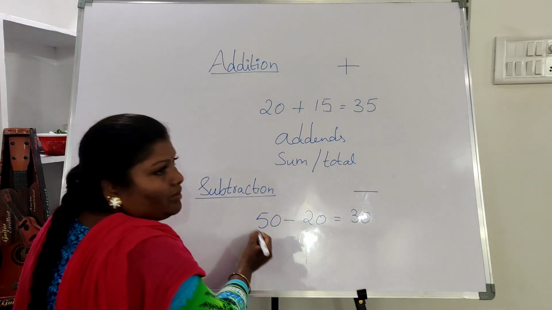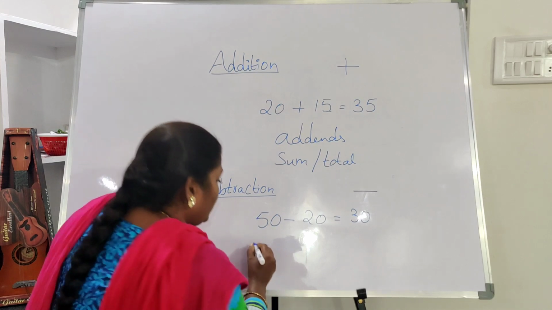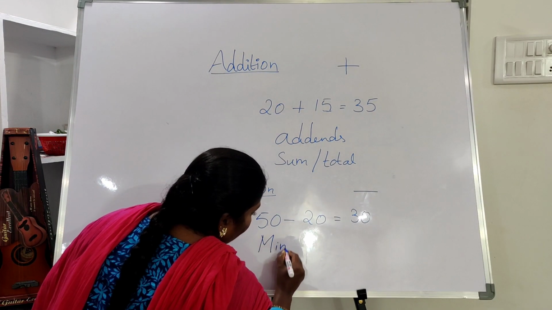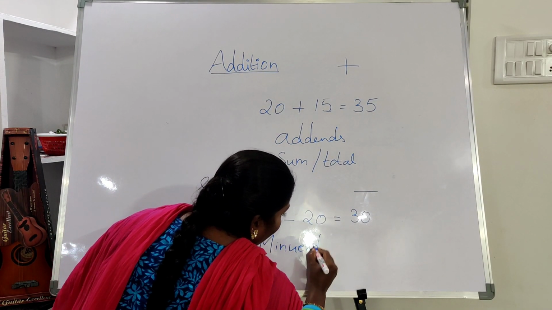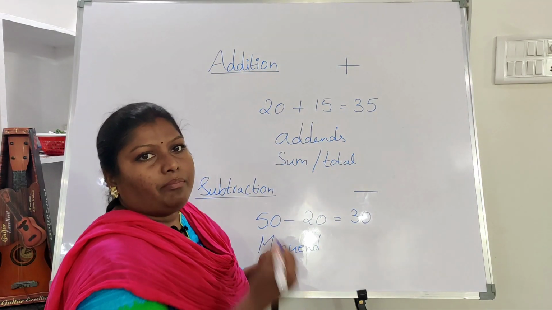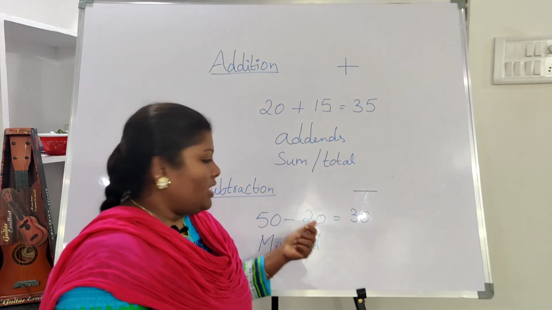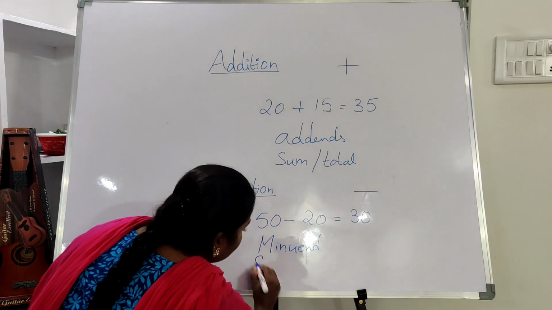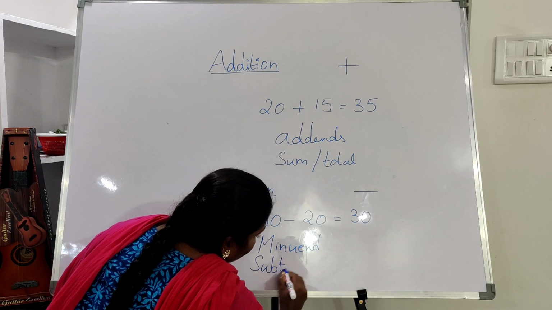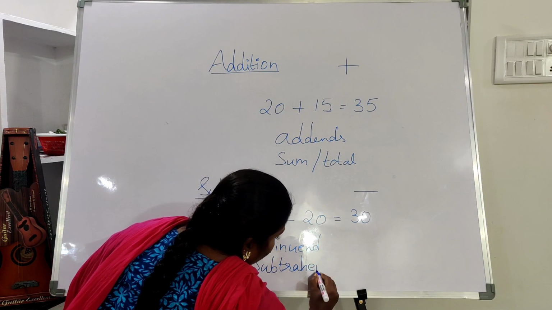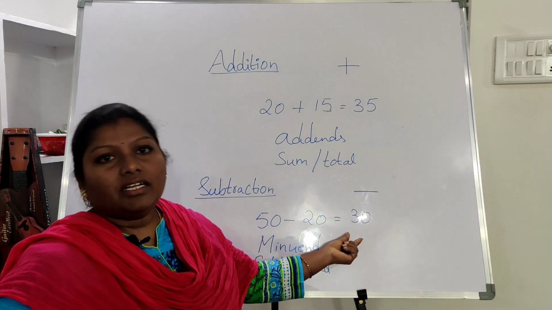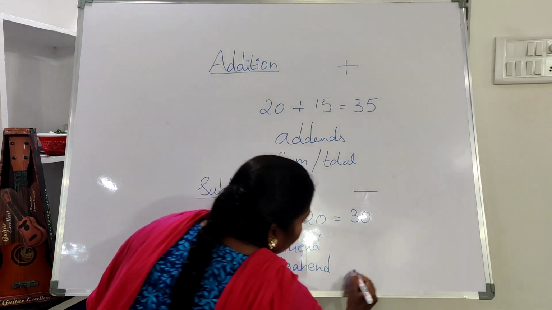The first one, the bigger number, is called minuend. Generally, whenever we subtract, it is bigger number minus smaller number, and the smaller number is called subtrahend, and the result is called difference.